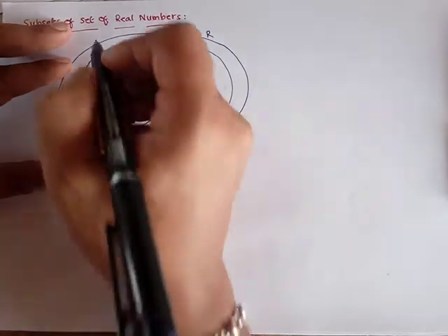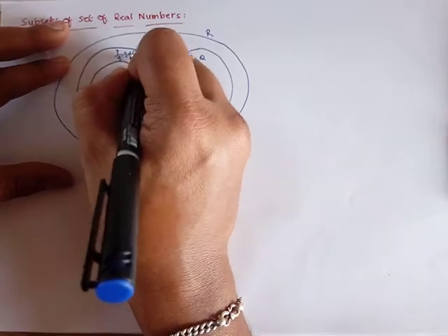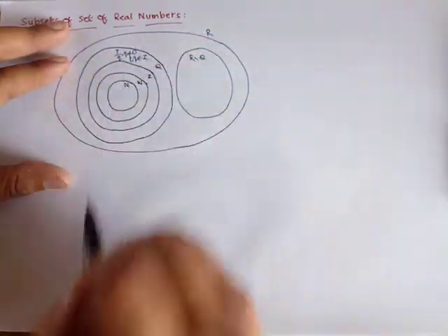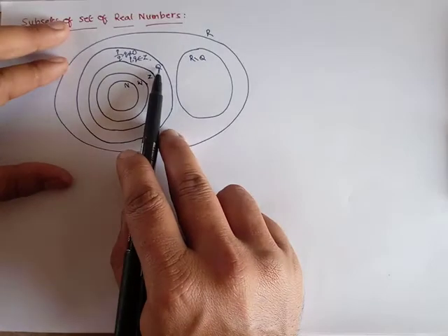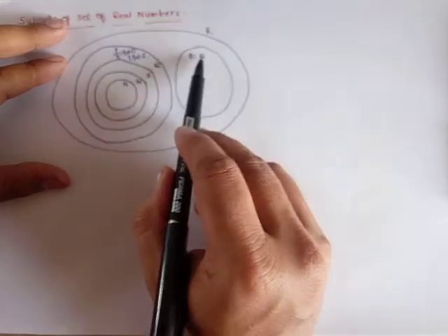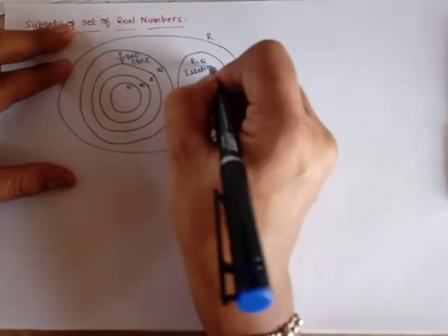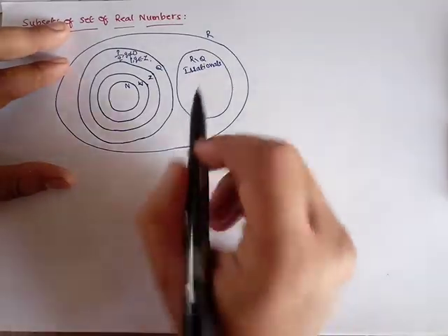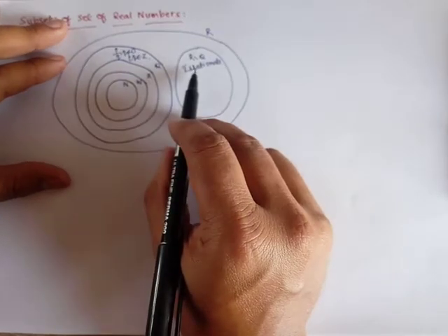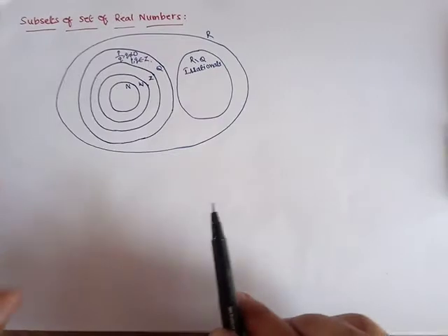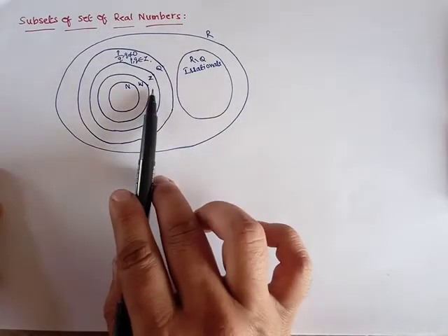Rational numbers will be of the form p by q, q not equal to 0, p and q both belonging to Z. So in the reals, rationals is a subset, and R minus Q is nothing but irrationals. Those elements which are not rationals are going to be irrationals.